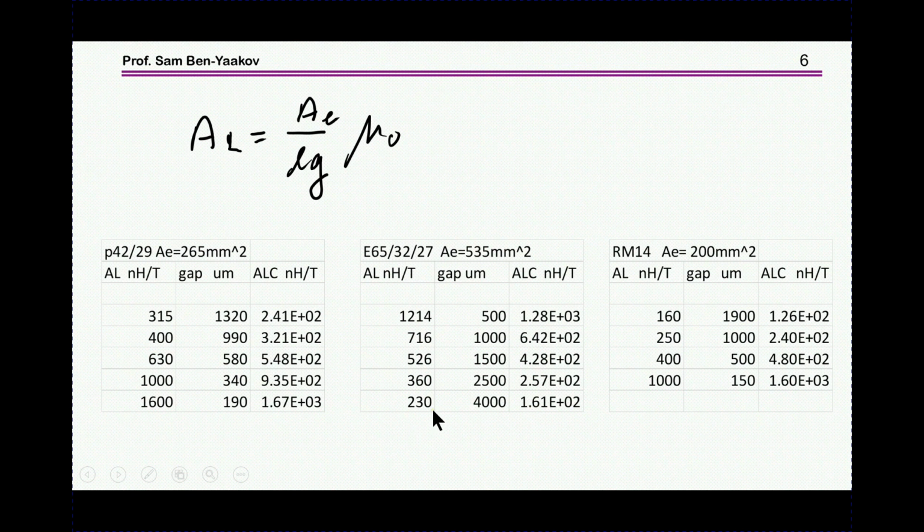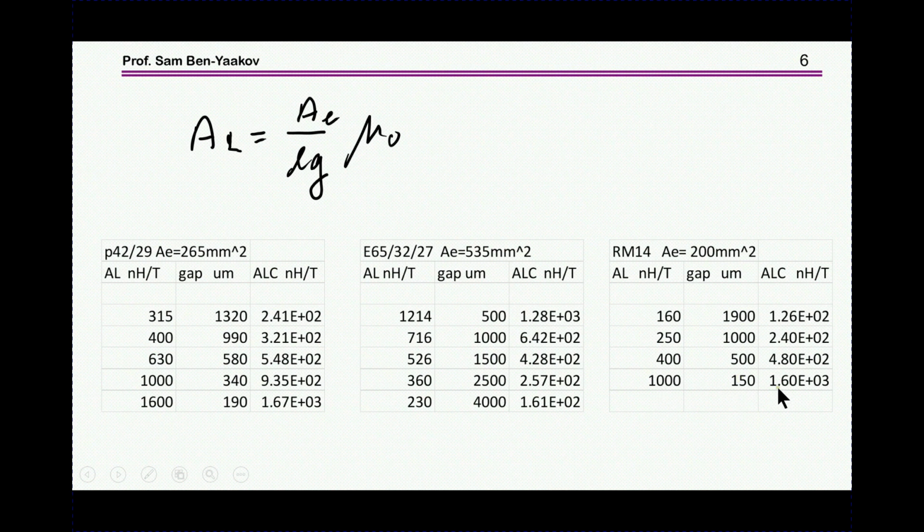This is 230, and this is 161, and this is for the very large gap of 4 millimeters. Again, there's this fringing effect. And you can see also in the RM14, the numbers are pretty good. This is 160, 126, 250, 240, 400, 480, and 1000. Again, this is for the small gap.